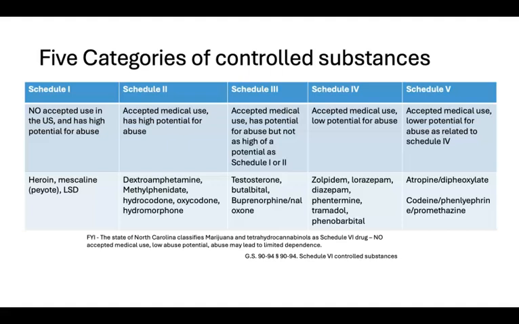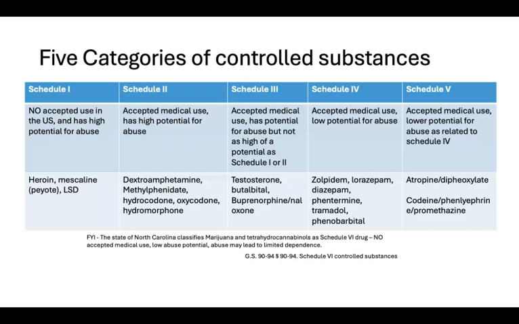hydrocodone, oxycodone. Schedule 3 is the next category, which shows that the risk of abuse is not as high. So we have medications like buprenorphine or naloxone, or even testosterone, things that can potentially increase issues for patients.